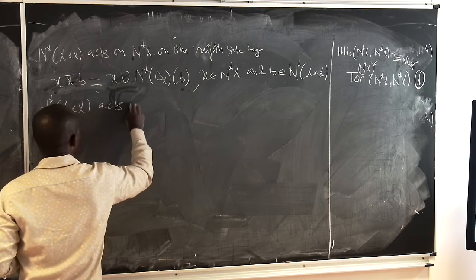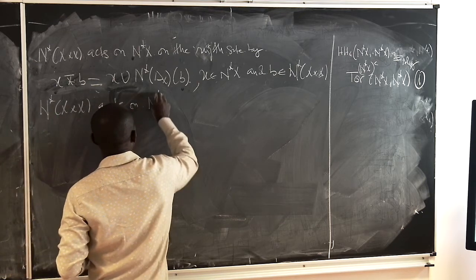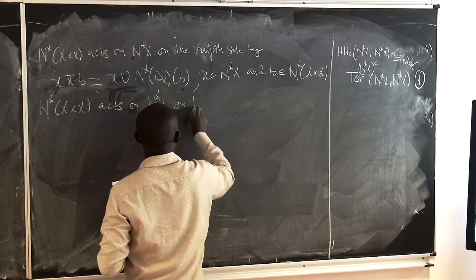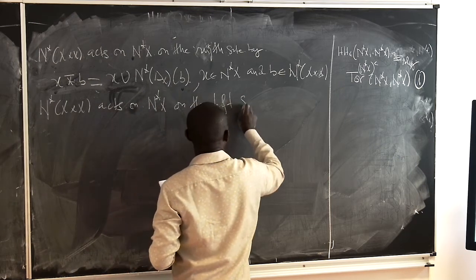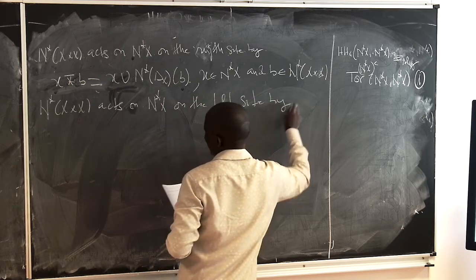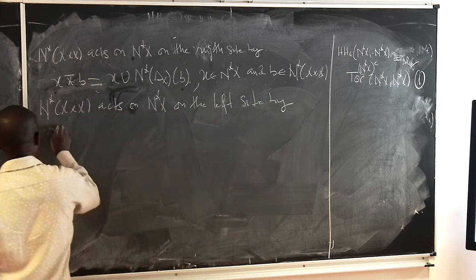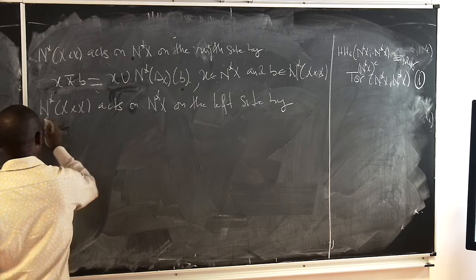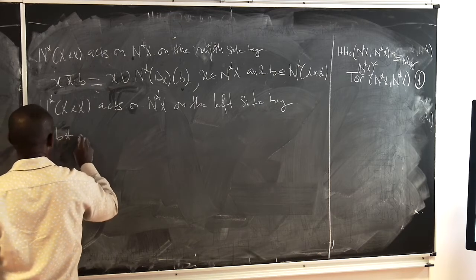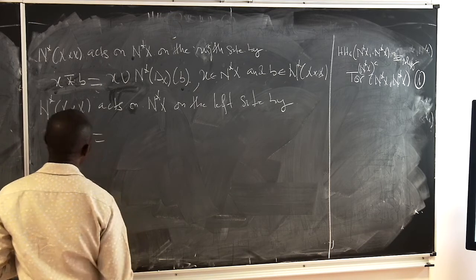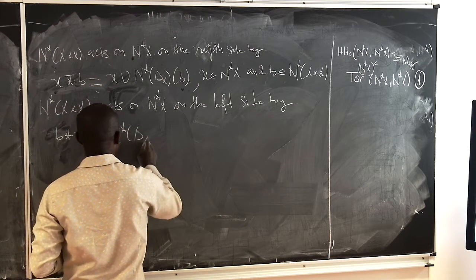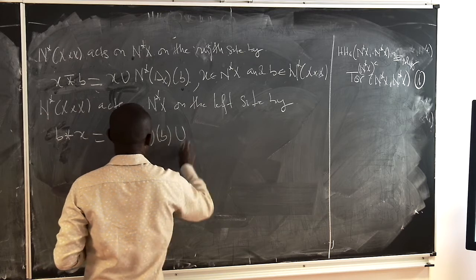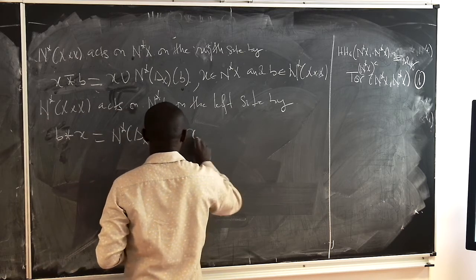It acts on the normalized angular quotient on the left side by this relation: b star x equals cap x.